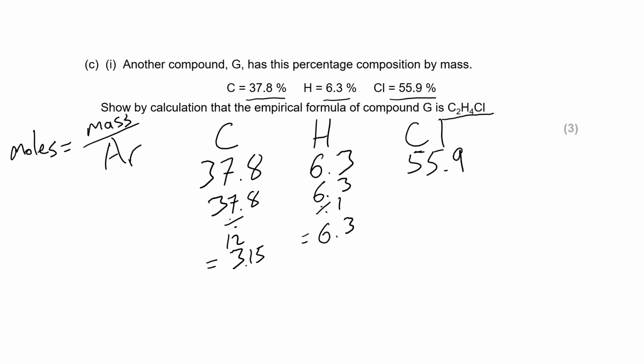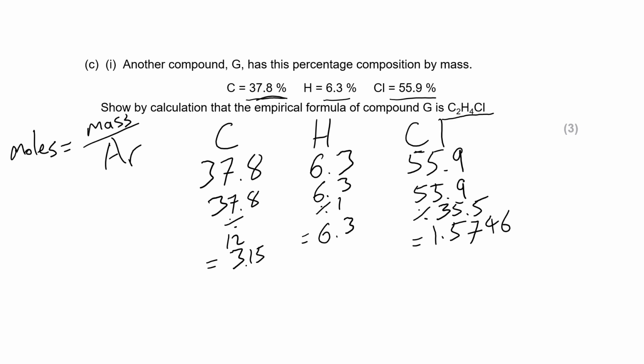And then for chlorine, it's 55.9 divided by the mass number of chlorine, which is 35.5. And that should equal 1.5746.